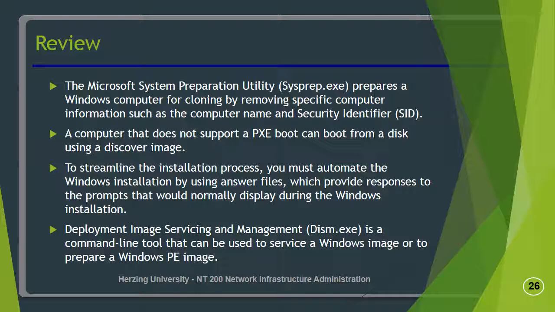Now, let's not forget the important Microsoft System Preparation Utility, Sysprep, which prepares a Windows computer for cloning by removing specific computer information such as the computer name and the security identifier, SID. A computer that does not support a PXE boot can boot from a disk using a Discover image.